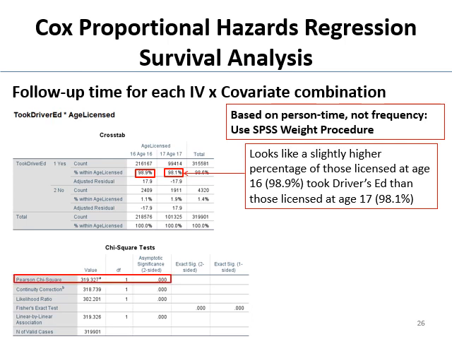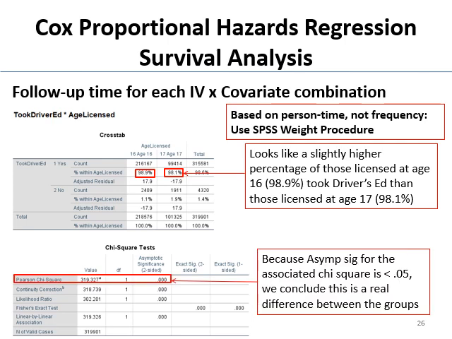So is that real? Yes, our chi-square sig is less than 0.05. That tells us, indeed, a higher percent of 16-year-olds' person time is among those who completed driver's education. So maybe that's why their rate was lower, because driver ed magically makes them better drivers, which is totally not the case, by the way, but we're just pretending here.